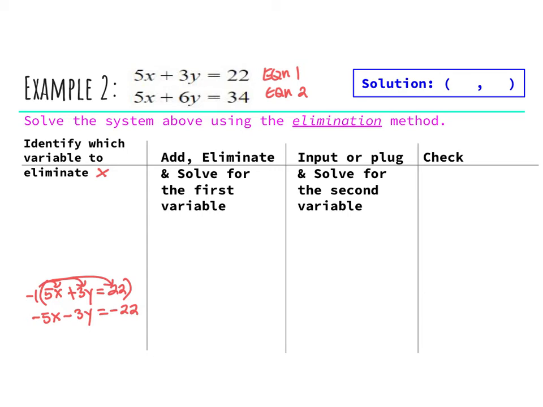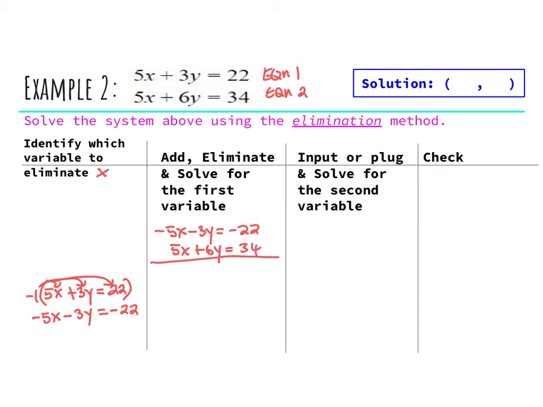We will then use this as our revised equation 1. So the revised equation 1 is -5x minus 3y equals -22. We're going to add to that equation 2, which is 5x plus 6y equals 34.